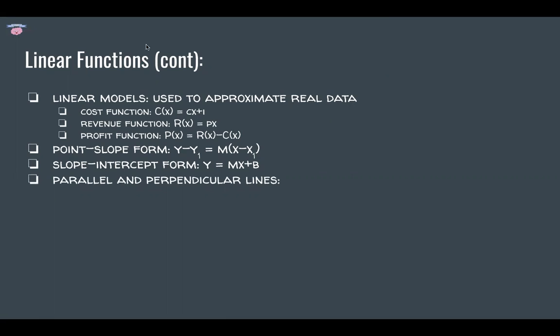Parallel and perpendicular lines. So review a bit of your geometry. Parallel lines never intersect and are in the same plane. Perpendicular lines intersect at right angles. If non-vertical lines have the same slope, then they're parallel. So m1 is equal to m2.